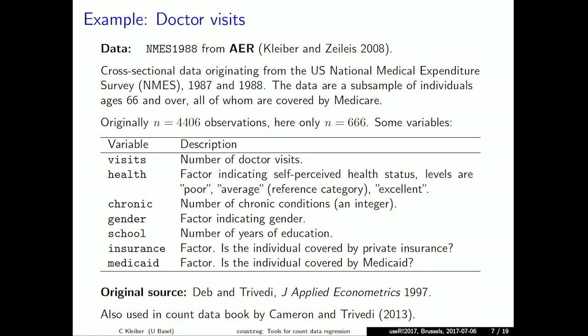And the response is called visits, and the covariates are, among other things, some ordinal information on the respondent's health. There's also information on insurance coverage and the like, and some other variables. And I'm just using a subsample here because otherwise some of the plots would be very large, but this is not really important to know at this stage.